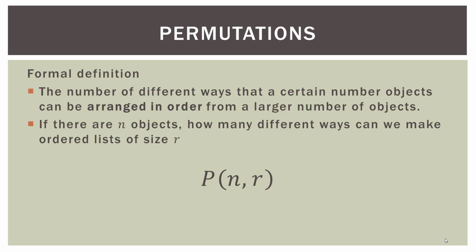The n means the total number of objects or events that we're looking at, and r is the subset, in this case how many different ordered lists we can make. In combinations, it'll be a little bit different. But this is the actual way it's written. You might see it with a P with an n on the top and an r below it. It just means the same thing. But this is how I use it, so I'm going to write it this way.